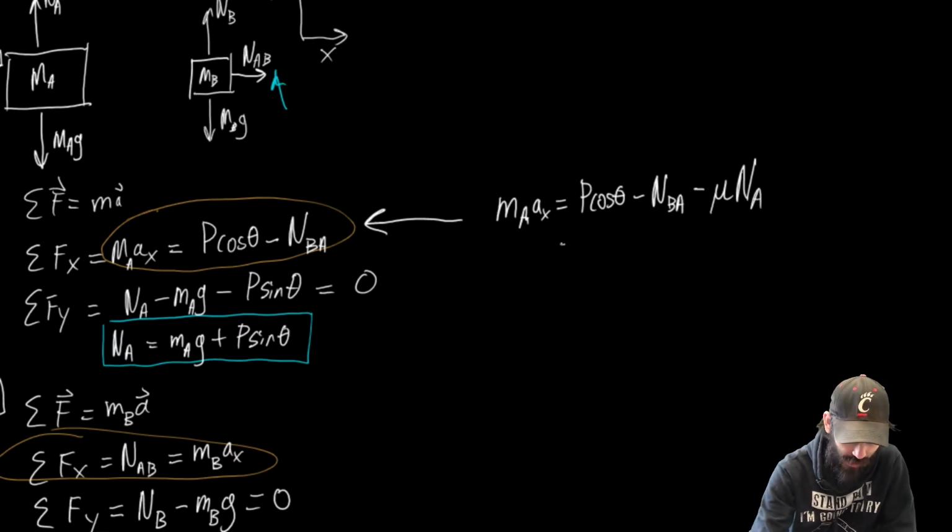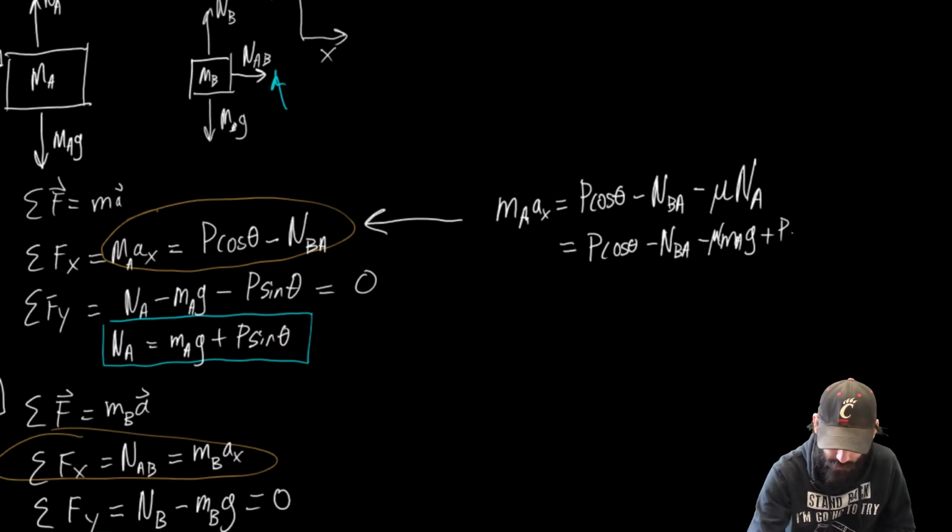Where NA is going to be, so this is going to be P cos theta minus NBA minus mu times (mA g plus P sine of theta), okay?